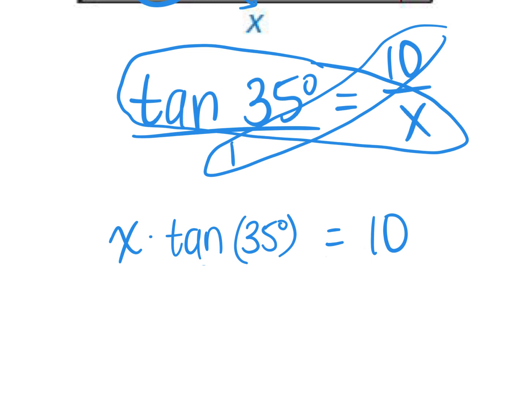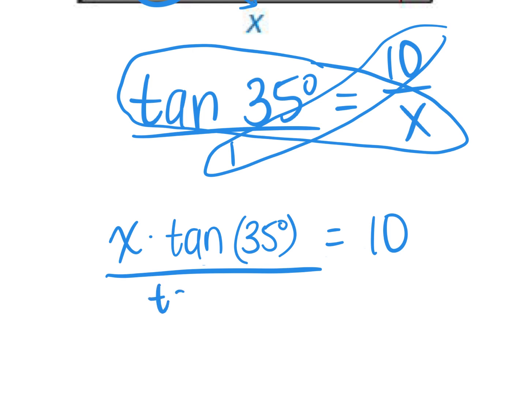How could I solve for x now? How do I solve for x? Divide the tangent by both. Yeah, divide by the tangent of 35. Because what are x and the tangent doing? What operation is between them? Multiply. And how do you undo multiplication? Division. You divide.